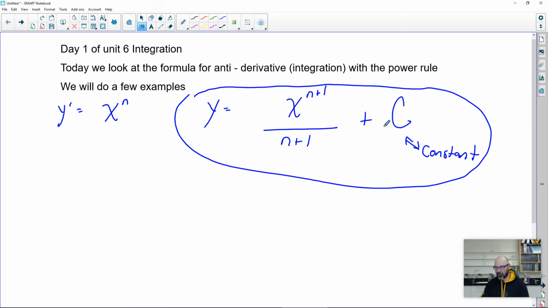Sometimes you can solve for this constant given some extra information. But generally speaking, let's do some basic simple examples to start with. Let's say, find y if y prime equals 6x minus 7.